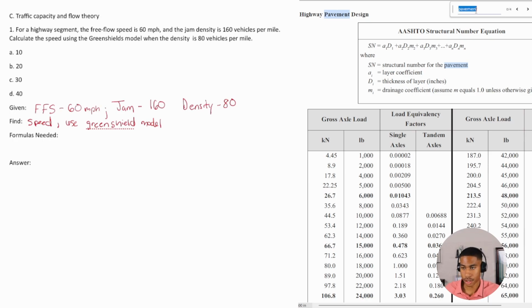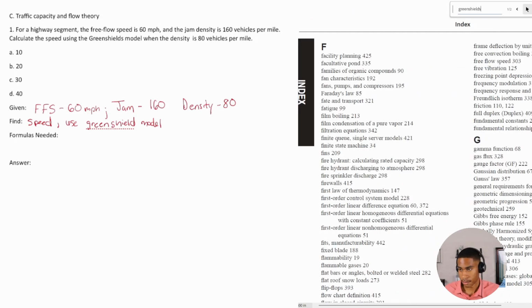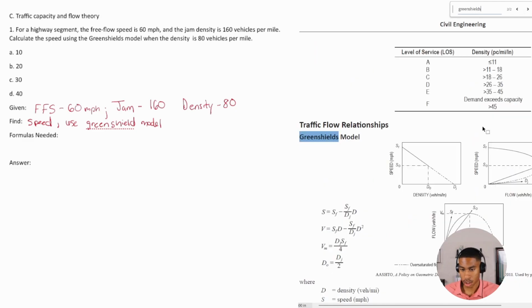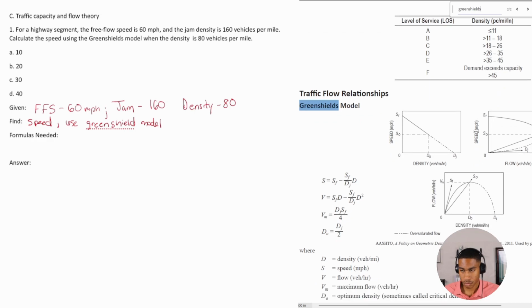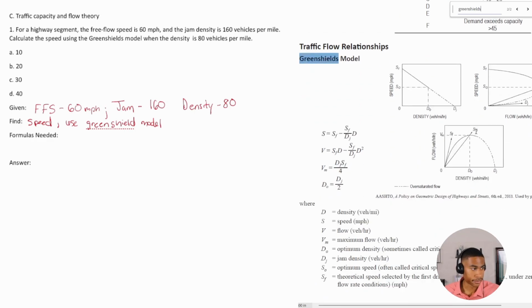So I'm just going to do a search in the FE manual for Greenshields, if I can spell Greenshields. I search, there's only 2 things that come up in the FE manual. So, traffic flow relationships. Based off the given information, we're looking for speed. Speed is, according to this, S.